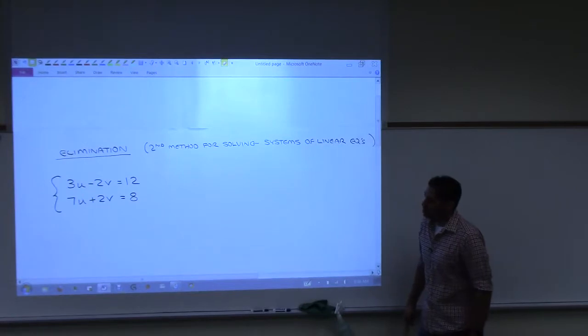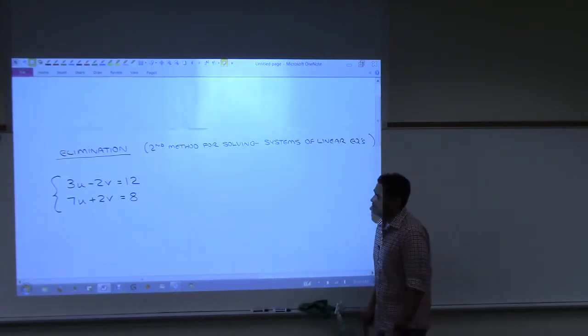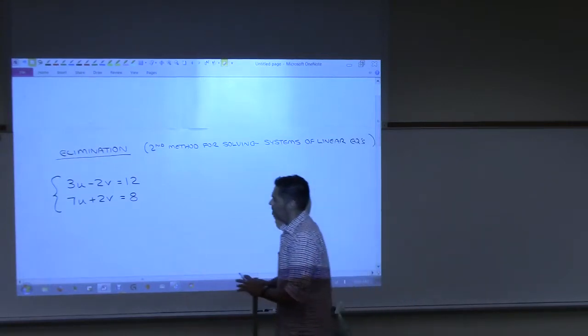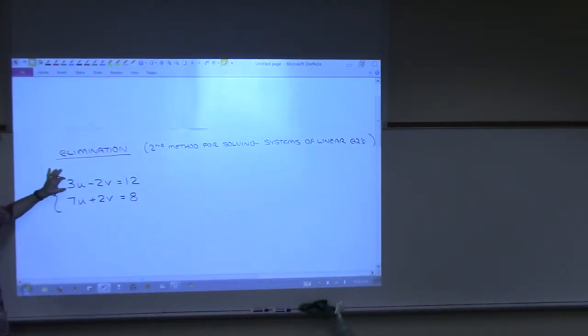The way elimination works is that you look at your equations and then at your variables. Let's look at the u's. I have 3u here and 7u here. What I'm going to try to do is make both of these numbers not the same but opposites. In other words, if that's 3u, I would want this to be -3u. Do I have that right now?